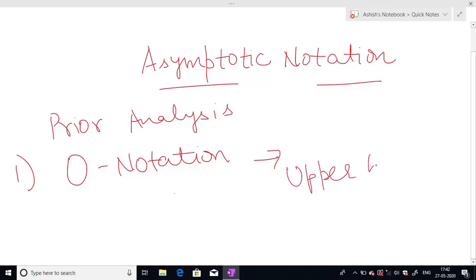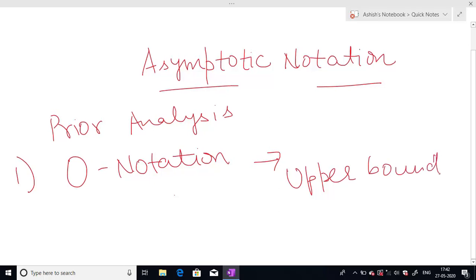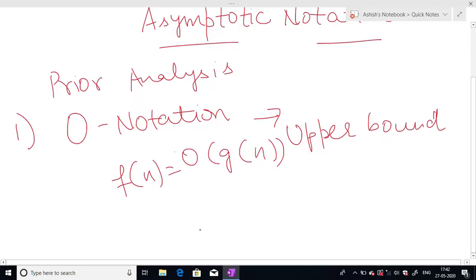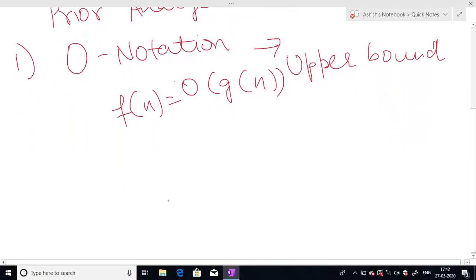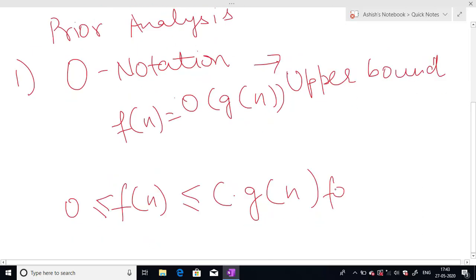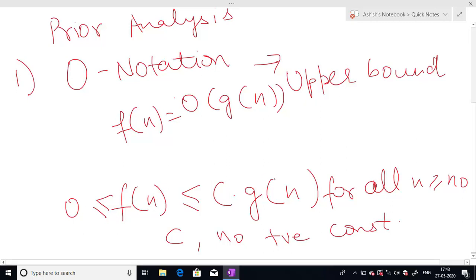We say that our function f(n) is big O of g(n) when f(n) is greater than or equal to 0 and less than or equal to c times g(n) for all n greater than or equal to n naught, where c and n naught are positive constants. Then we say that our function f(n) is big O of g(n).